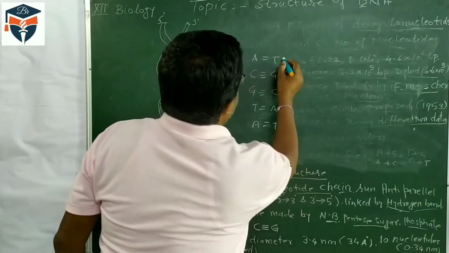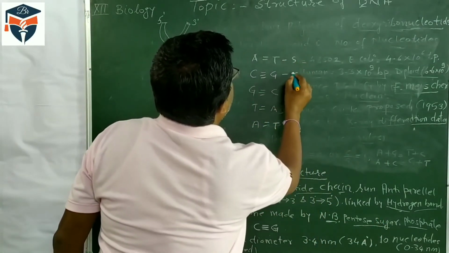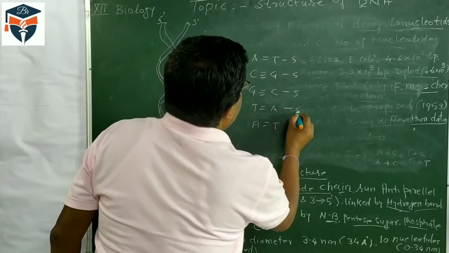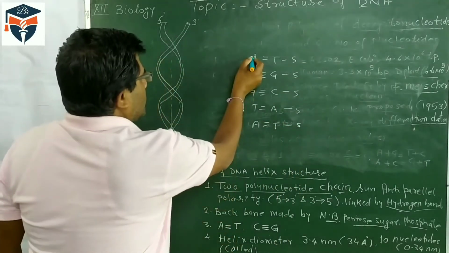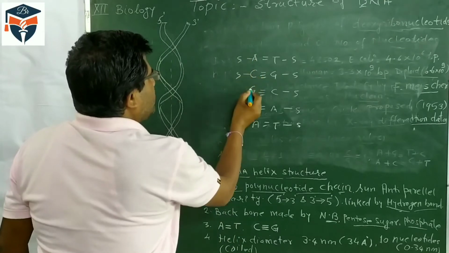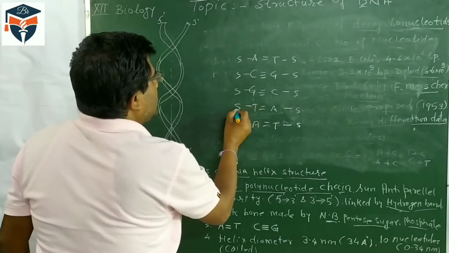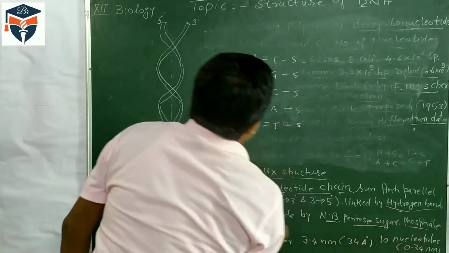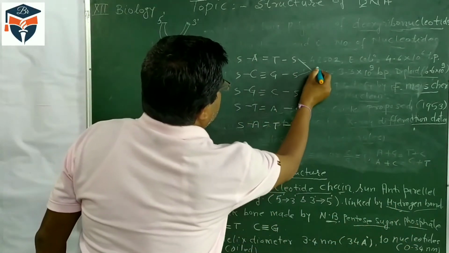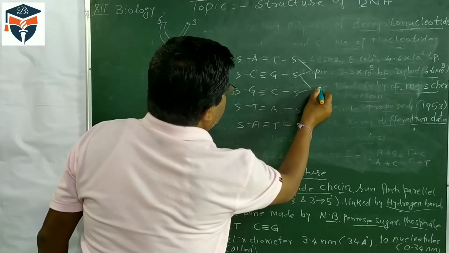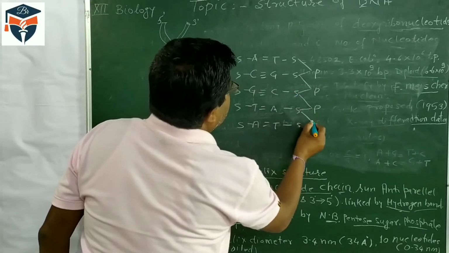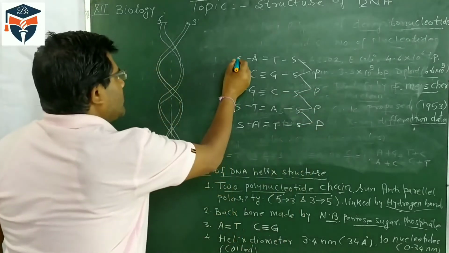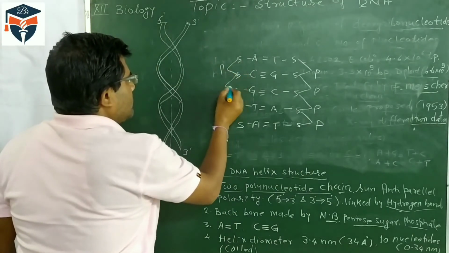Pentose sugar, I'm indicating with S, sugar, pentose sugar, and phosphate molecule. It means this phosphate, and this phosphate molecule. Here also phosphate.